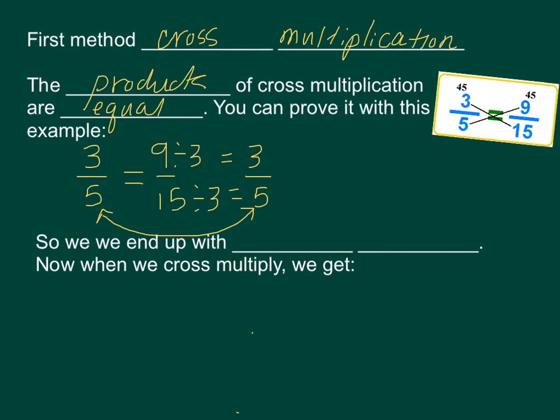So I know these two ratios are already equal. So we are ending up with equal ratios, which is why they are called proportions.